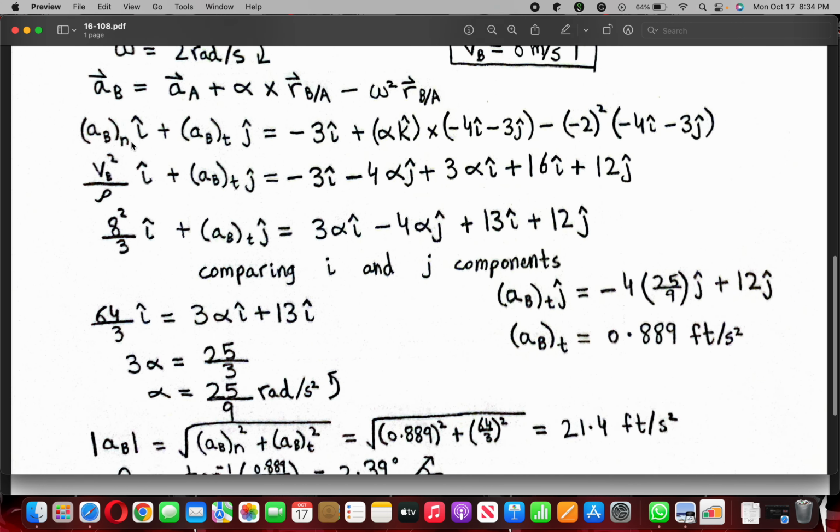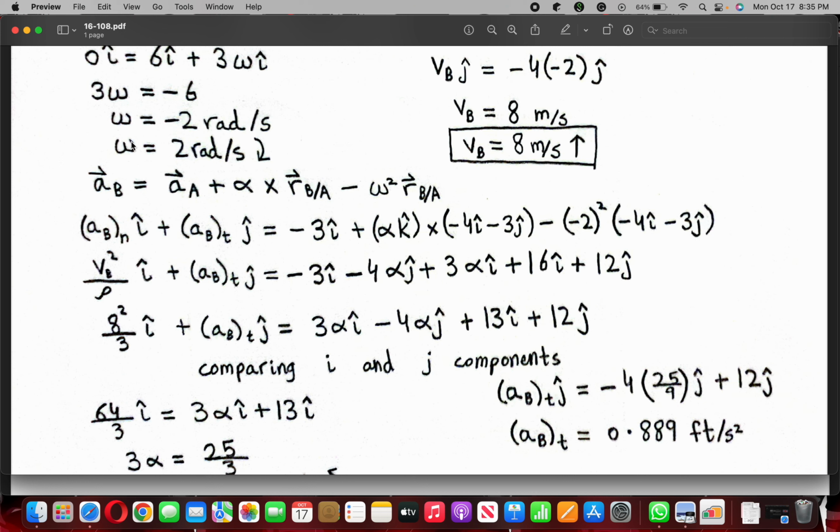At A it's moving in a line, so you don't have to use components, but over here it is moving in a circular path, so that's why we have to break it down into two components. Acceleration at A is minus 3i because it's towards the left, as given in the question.